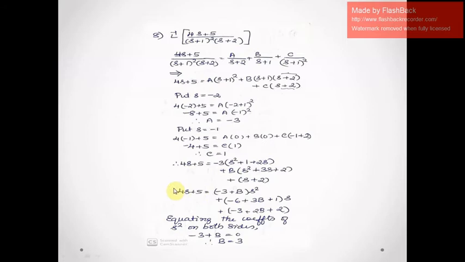There is no s square on the left hand side, but there is s square on the right hand side. If there is no s square, it means that the coefficient is 0. So we'll equate the coefficients of s square on both sides. I only want b because a and c are already there, and the simplest one to equate is s square.